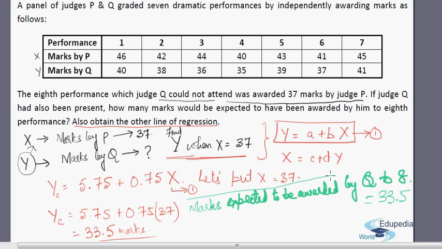So that's our answer to the first part of the question.